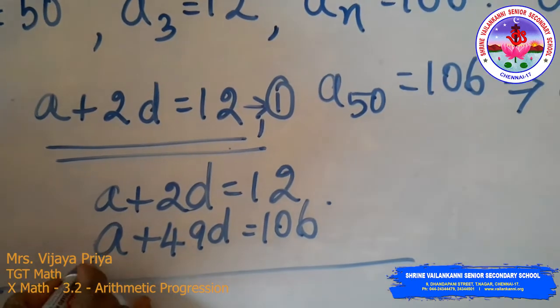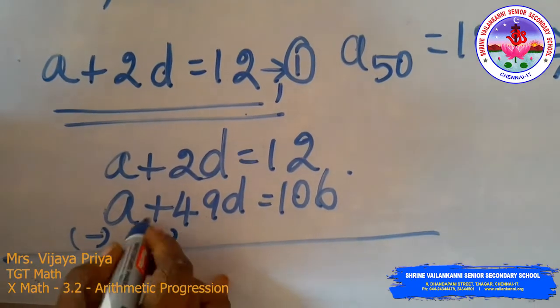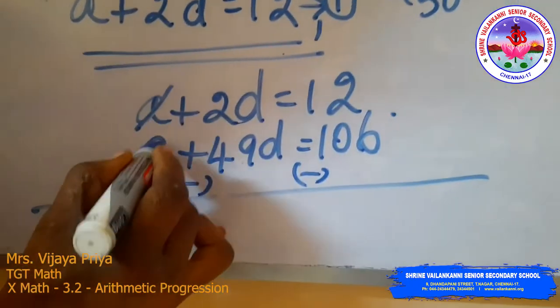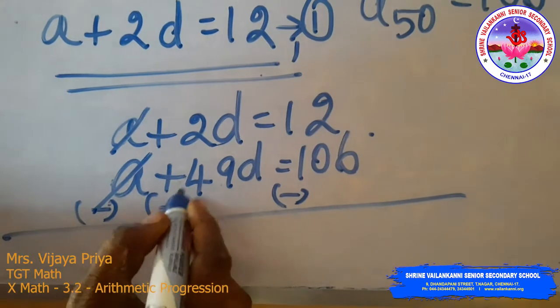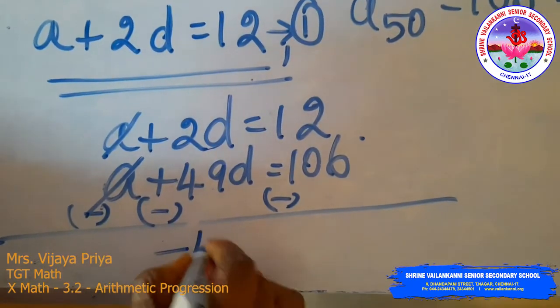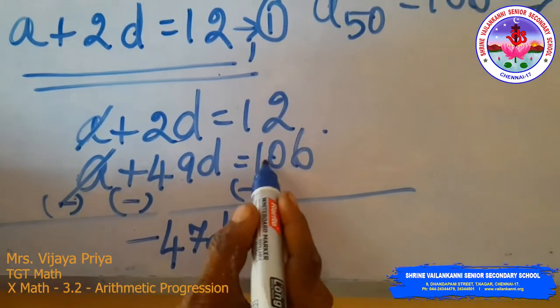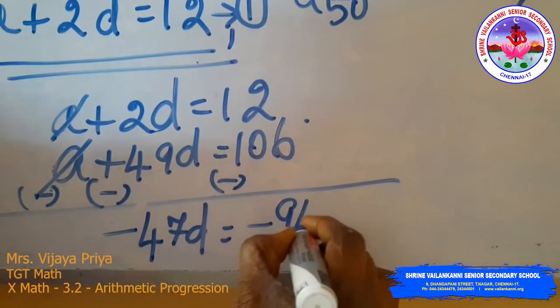Now I am changing the sign for the second equation, so plus becomes minus. A minus A gets cancelled. So you will have minus 49D plus 2D, so I get minus 47D, which is equal to minus 106 plus 12, which is minus 94.